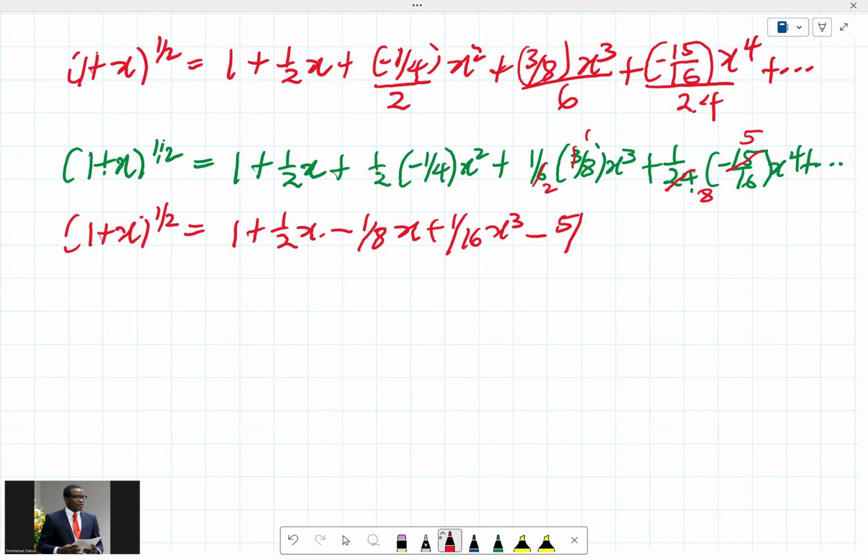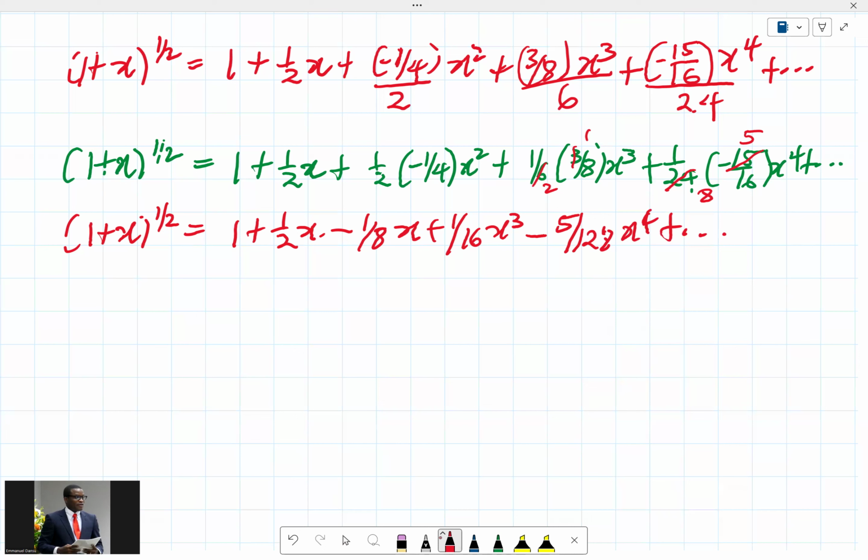So 32 times 4 is 128. Or better still, 4 times 16 is 4 times 4 times 4, that's 64 times 2, that's 128. So I have minus 5 over 128 x raised to power 4 plus all this.